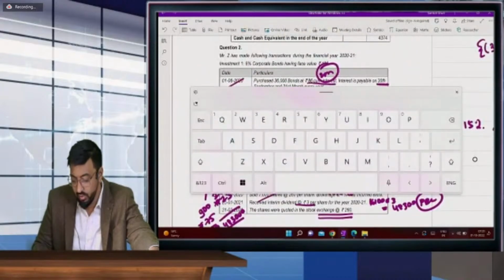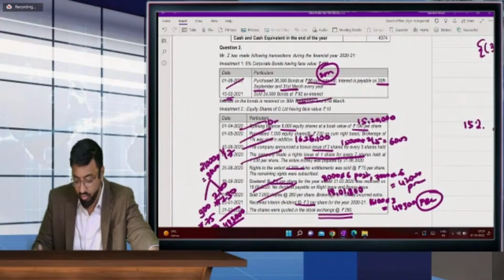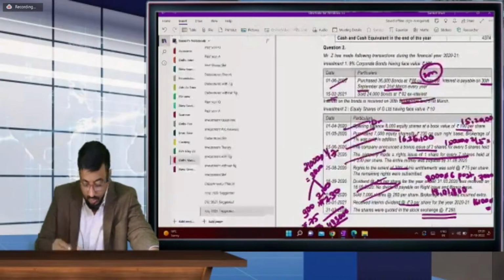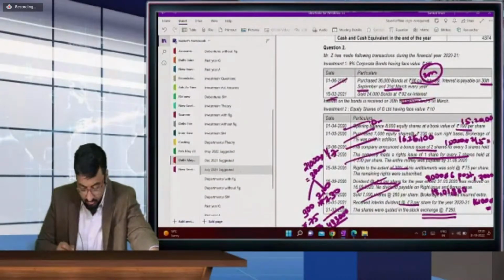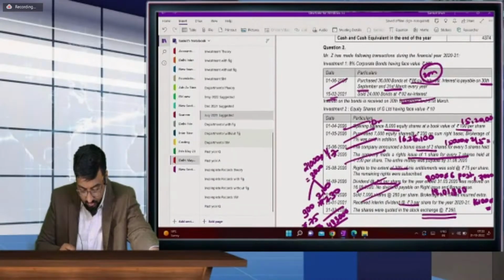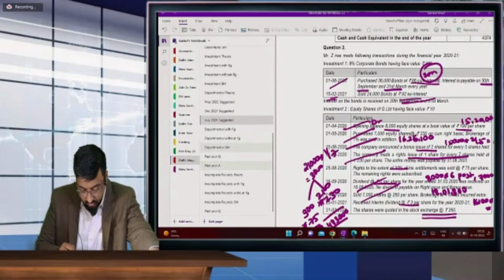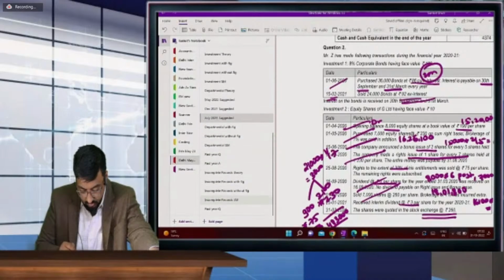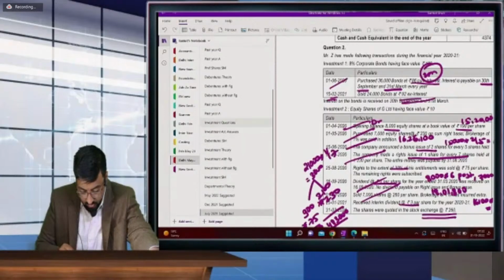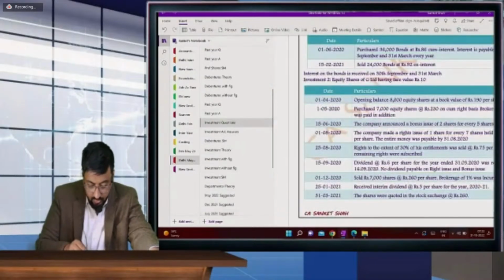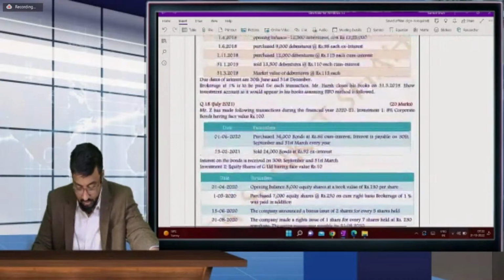So there is no need for investment chapter. Now you are completely aware of this chapter. Let's go, come on.